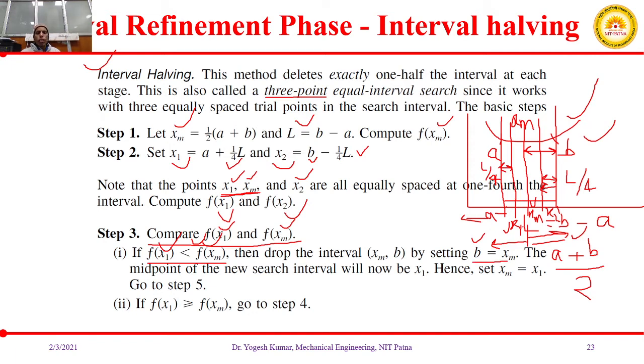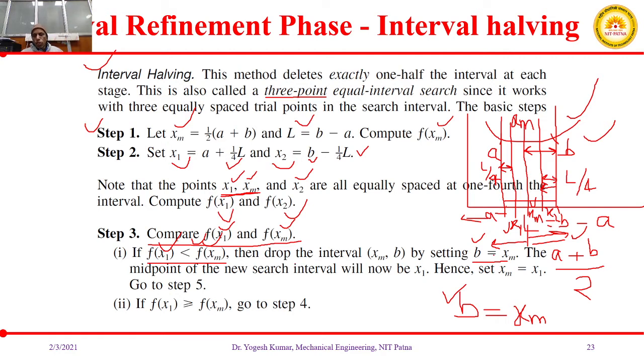Okay, so we will repeat the same process. We will go to step 1, and now the new value of b will be equal to xm, and we will again repeat step 2. We will calculate the new value of xm, which will be 1/2 (a plus b), again the length of the interval, and this process will continue. Let us see up to which point this process will continue.